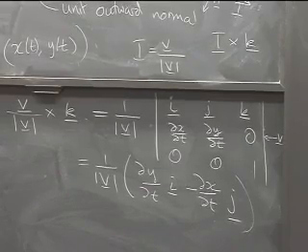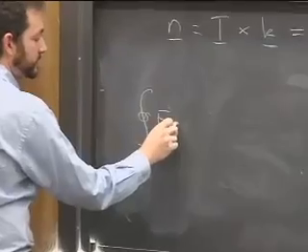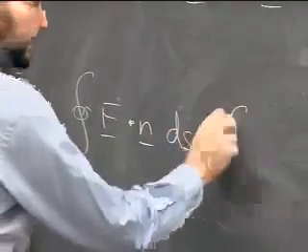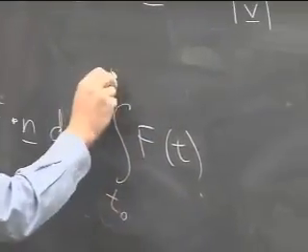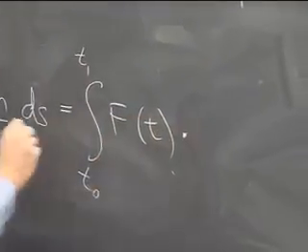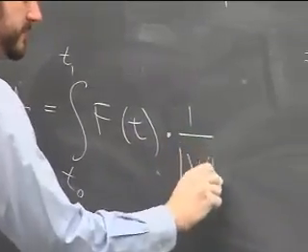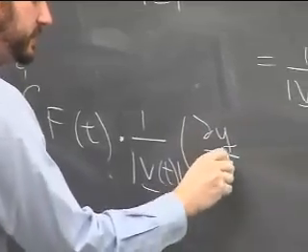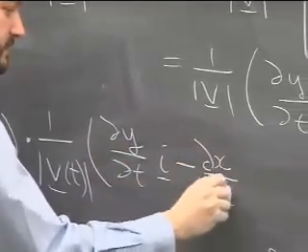And so in our integral, the integral of F dot N ds is equal to the integral of F of t, going from t0 to t1 again, dot, well, what's N? N is this weird vector, 1 over |v(t)|, times dy/dt i minus dx/dt j.